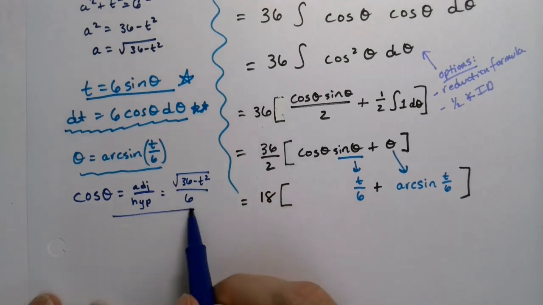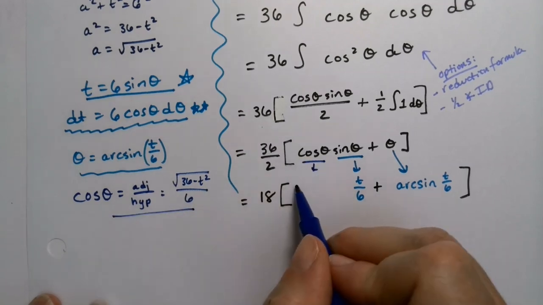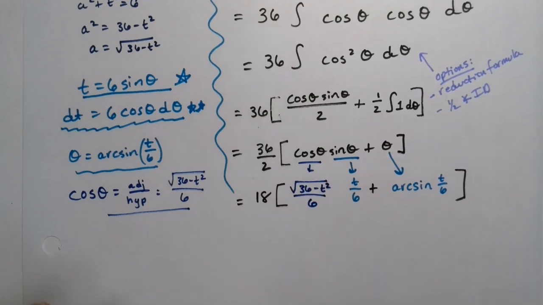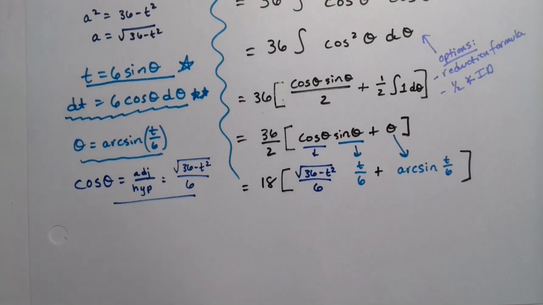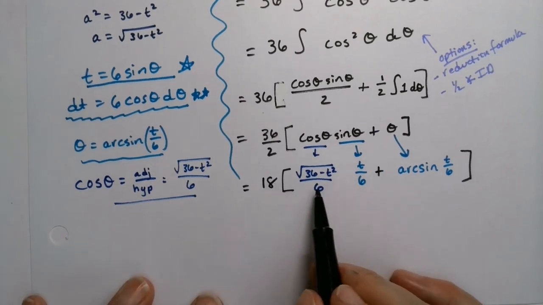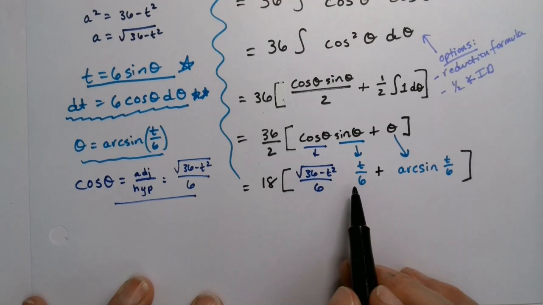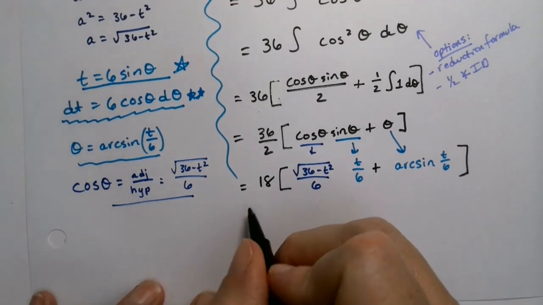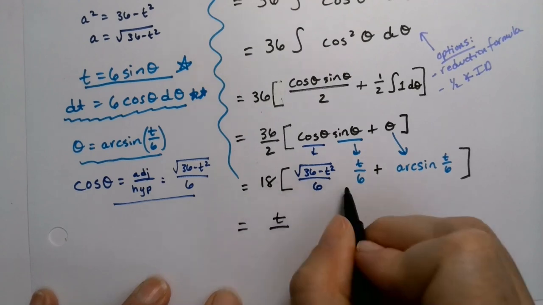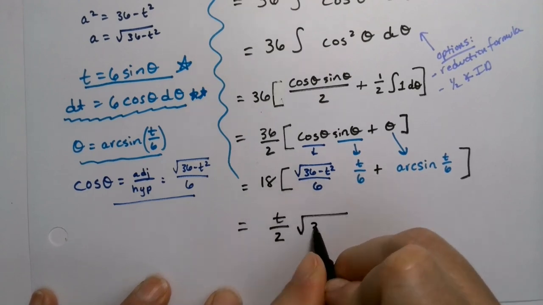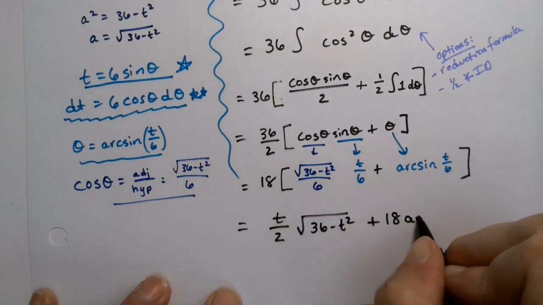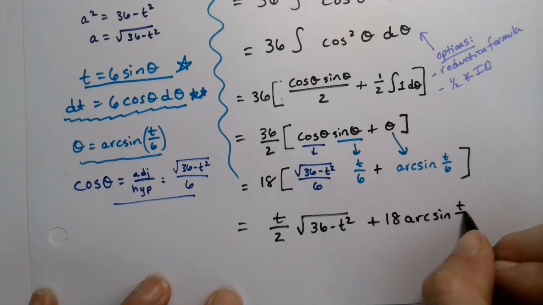So this piece right here becomes the square root of 36 minus t squared over 6. And you're done, essentially. I can distribute the 18, and 6 times 6 is 36, so I can make that a little bit cleaner. So this would be t divided by, 18 goes into 36 twice, square root of 36 minus t squared, plus 18 arc sine of t over 6.